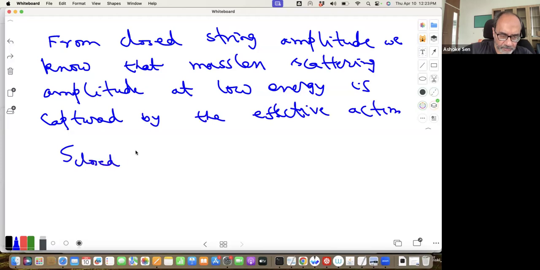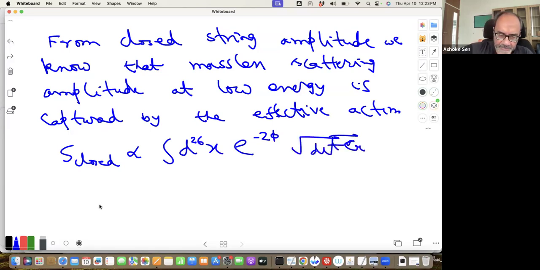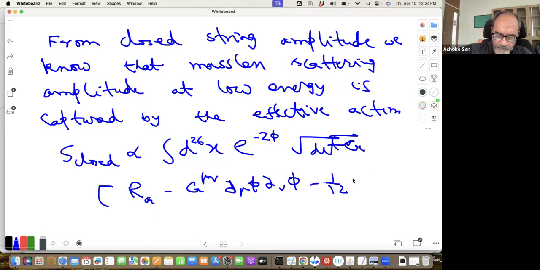So S closed is the integral d^26 x e to the power minus 2 phi, square root of determinant g, and then the Ricci scalar, and then I think there is a minus grad phi squared, and so on, plus the terms with h mu alpha h rho tau sigma.